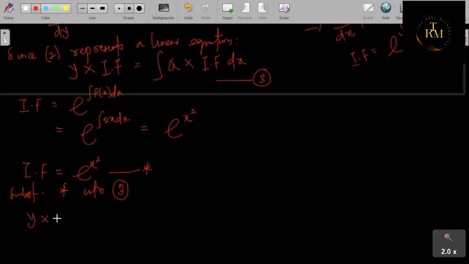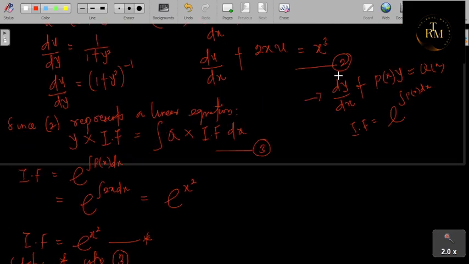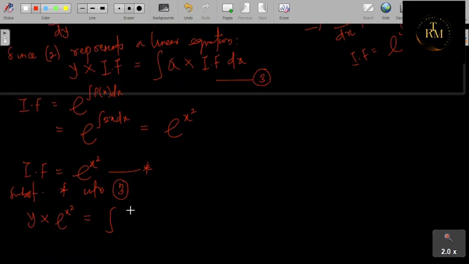y times e to the power of x squared equals the integral. Now my q, if I go down, my q represents the x cubed here. So I'm going to have the integral of x cubed times the exponential x squared, then I have dx, right?